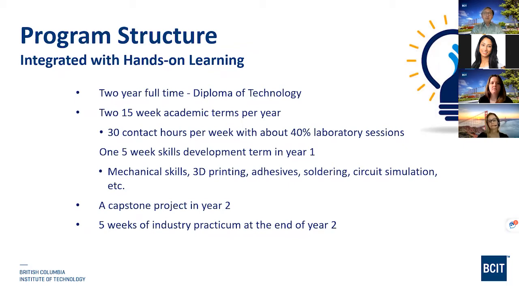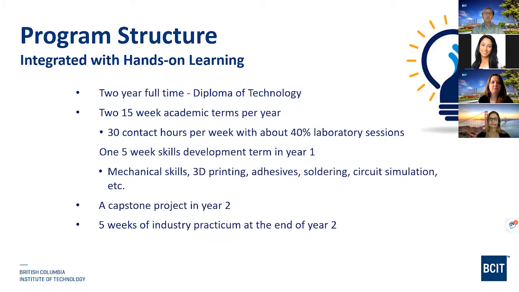After that, for the first year, there's a 5-week skills development term, in which students go to mechanical workshops, learn how to do 3D printing, learn about the properties of adhesive, do soldering, some simulation, etc. These 5 weeks are focused on skills that will be useful when you're doing your capstone project, or eventually when you get out to work in the field.